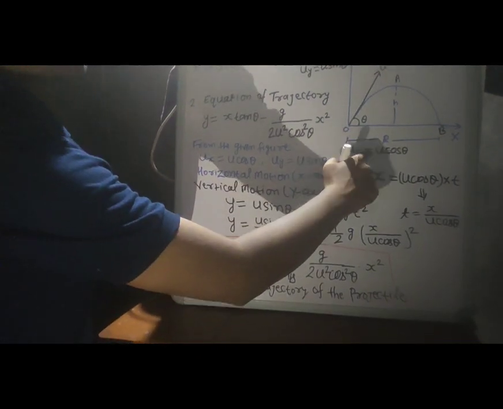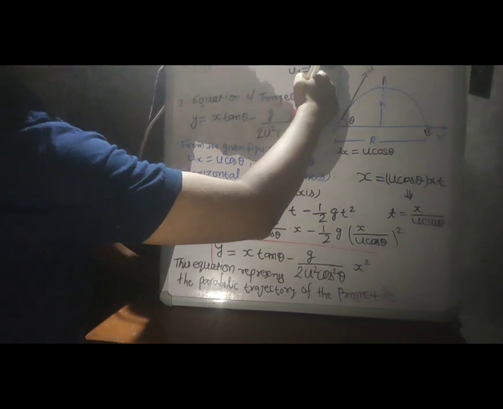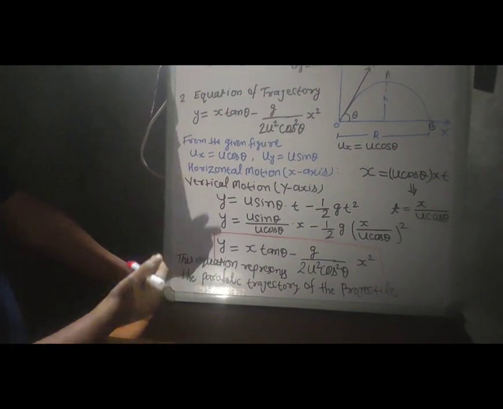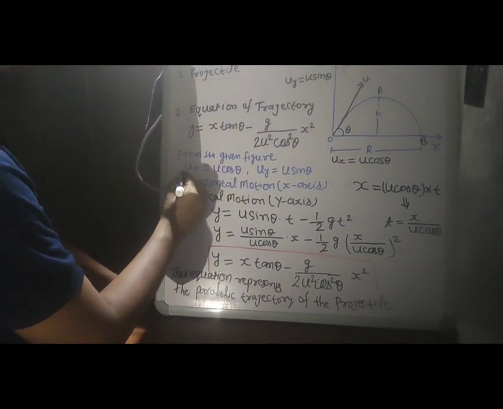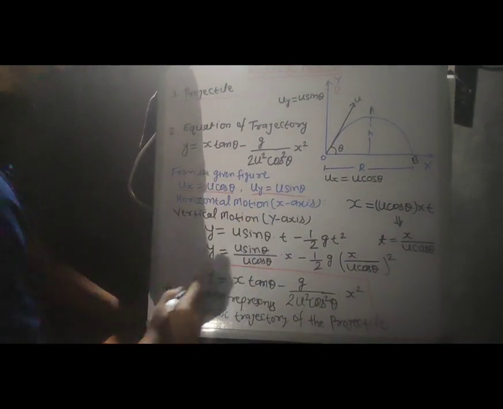So ux equals u cos theta and uy equals u sin theta. Here I have written that ux equals u cos theta and uy equals u sin theta.